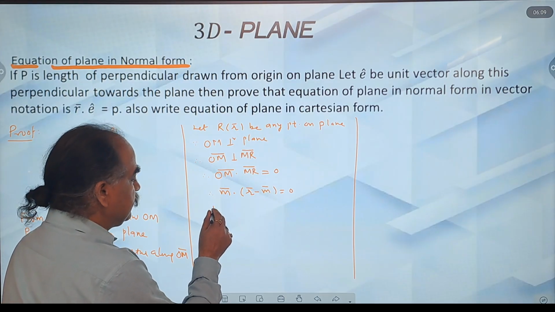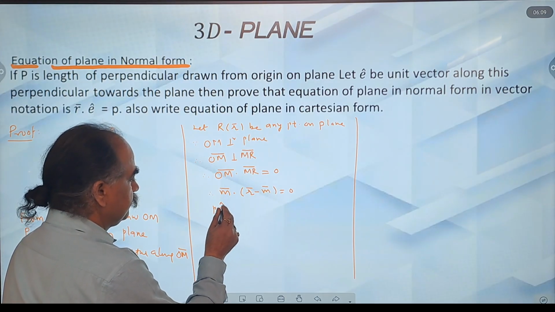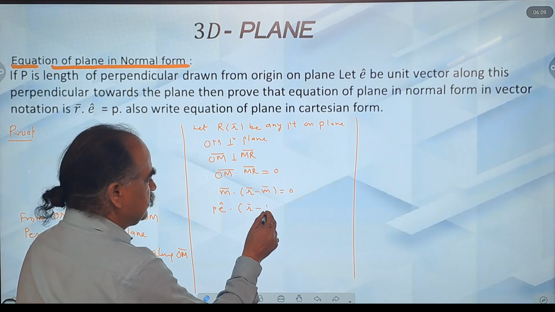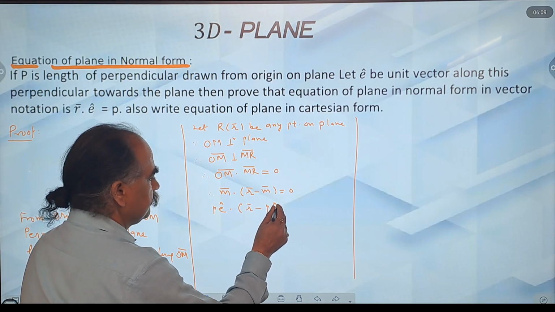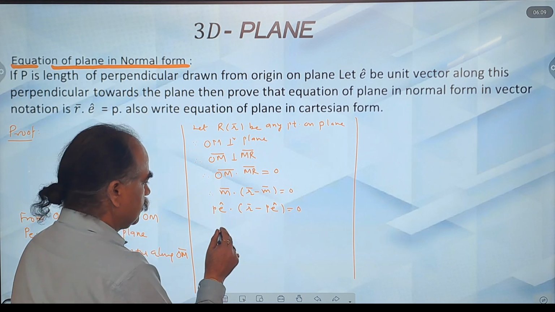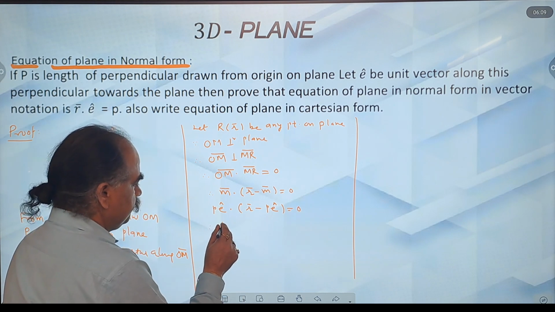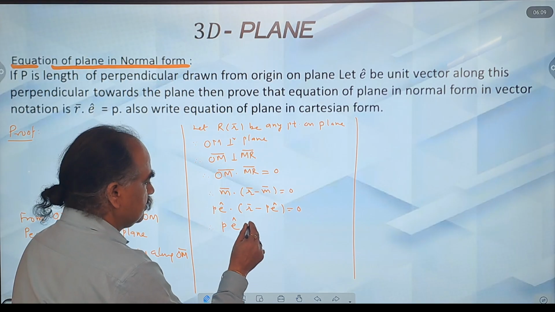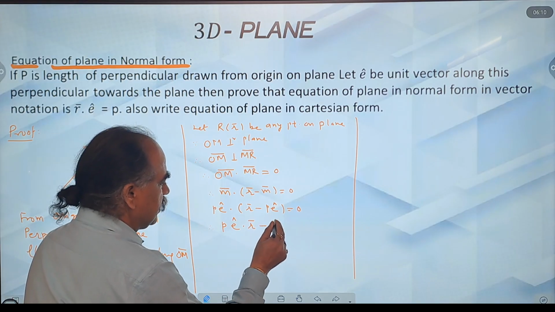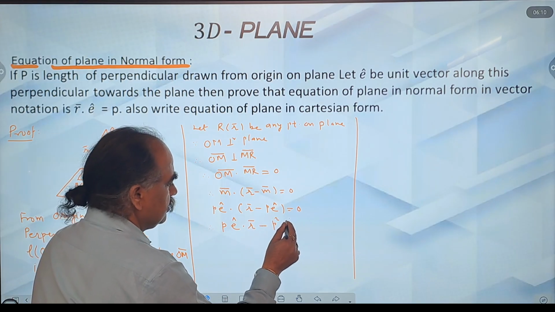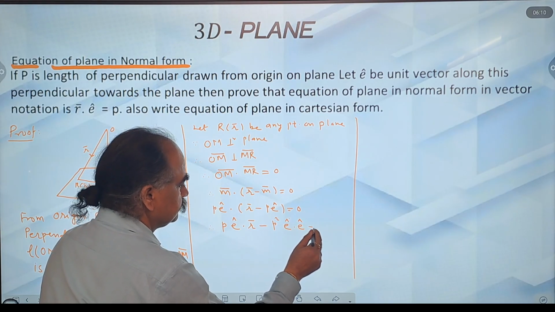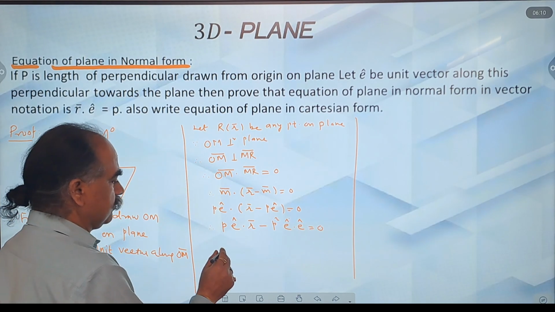M bar is nothing but PE cap dot R bar minus PE cap. P E cap dot R bar minus P square E cap dot E cap is equal to 0.